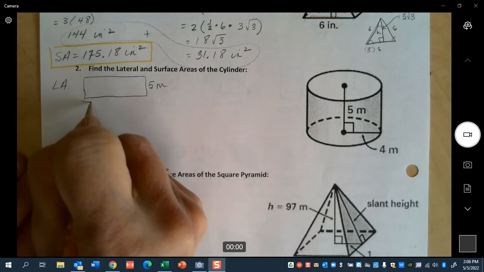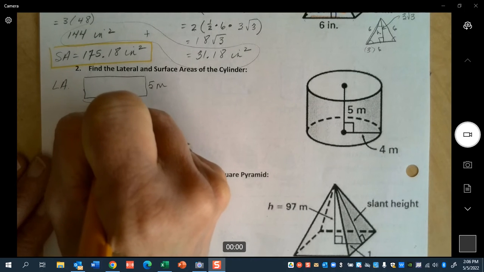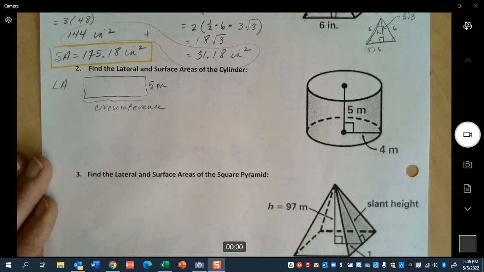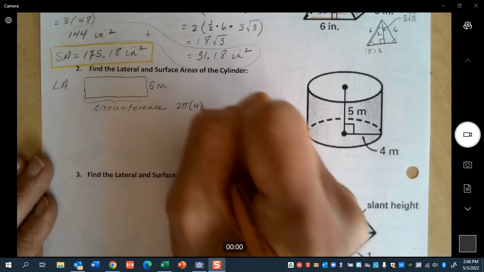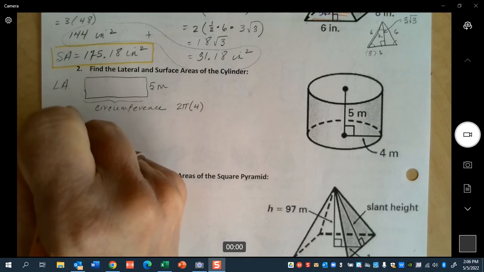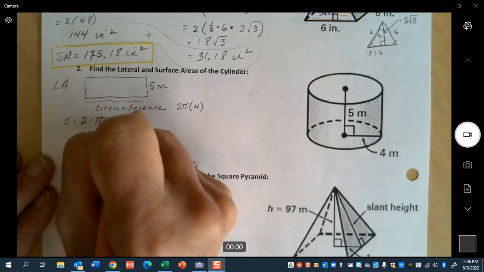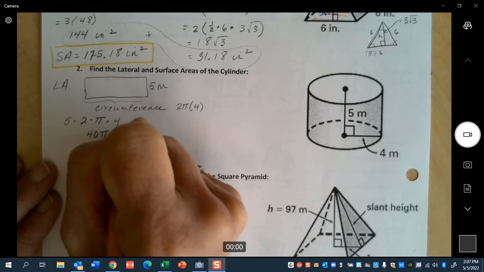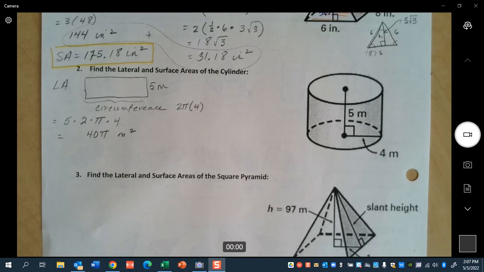But this distance here around the top is actually my circumference of my base, which I know is 2 times pi times r. So my lateral area is going to be 5 times 2 times pi times my radius. So I wind up with 40 pi square meters as my lateral area.